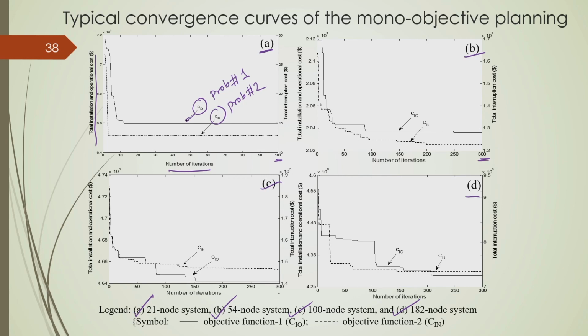For the 100 node system we also consider 300, and for the 182 node system we consider 300. Again, how do you choose the population size and maximum number of iterations? You need to do some statistical analysis by changing them, and suitably doing this sensitivity analysis.